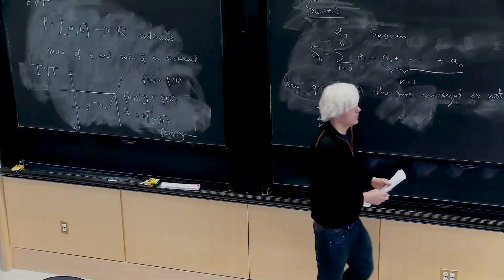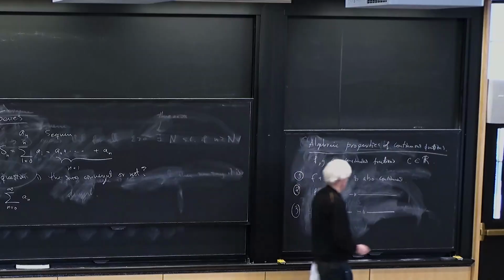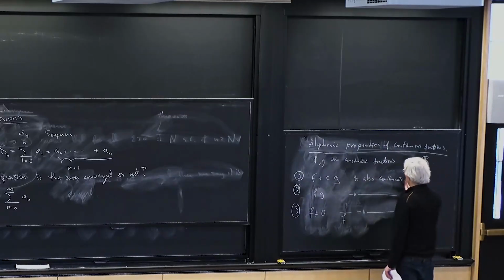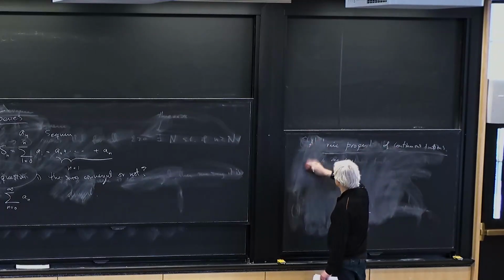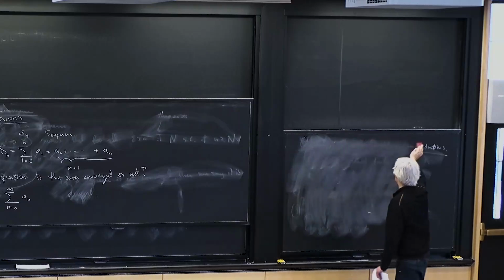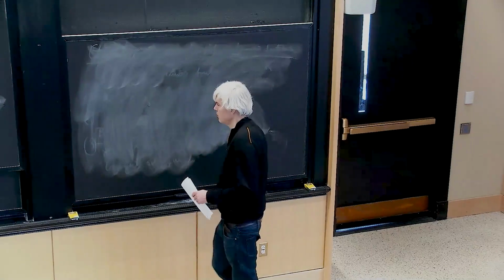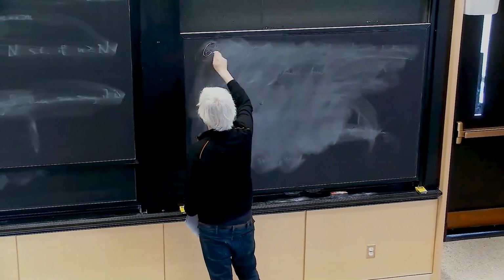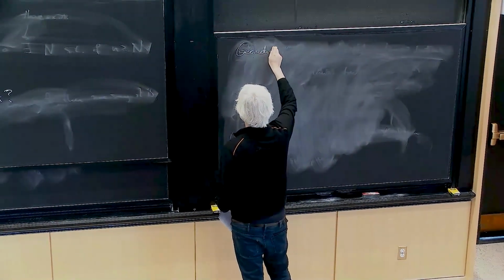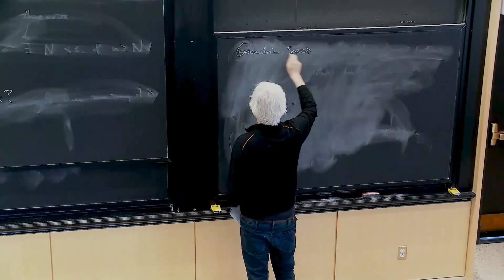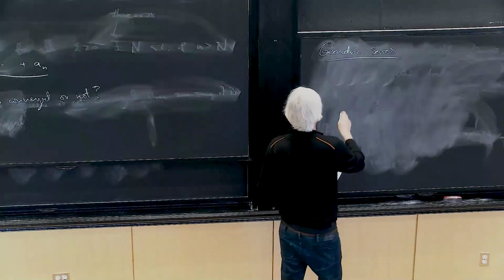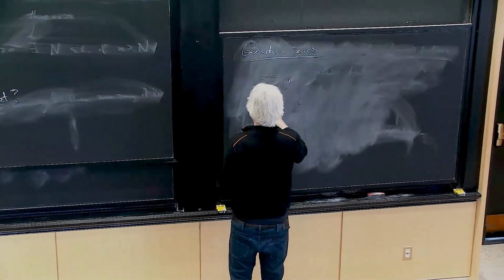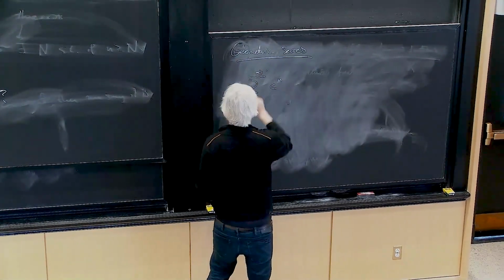Now there are some series that are particularly important, and they can then be used to determine whether or not other series are convergent. So let me just review them. And the most important of all is the geometric series. The geometric series is the series sum of c to the n, n equal to 0 to infinity.